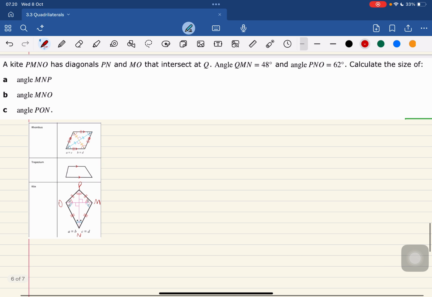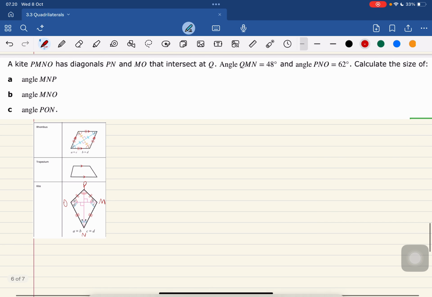The diagonals intersect at Q. So the kite is P, M, N, O, and the diagonals intersect.